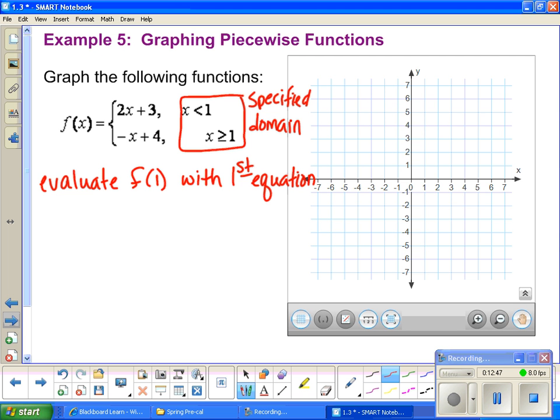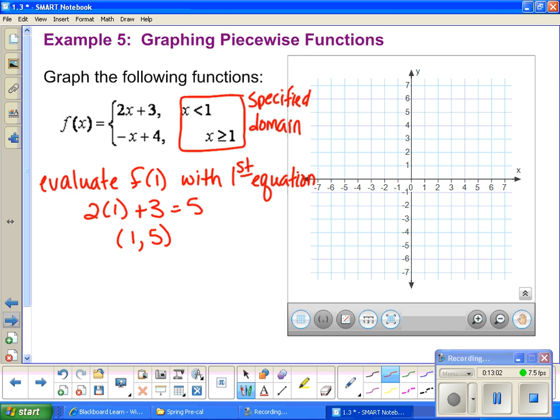So what I do is I substitute it in. So 2 times 1 plus 3 equals 5. So my ordered pair is when x is equal to 1, that's my input, my output is 5.